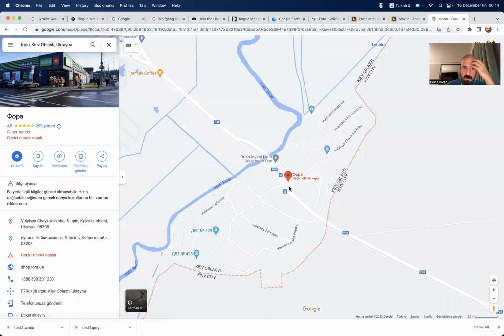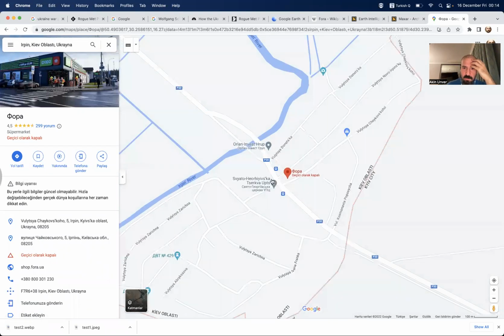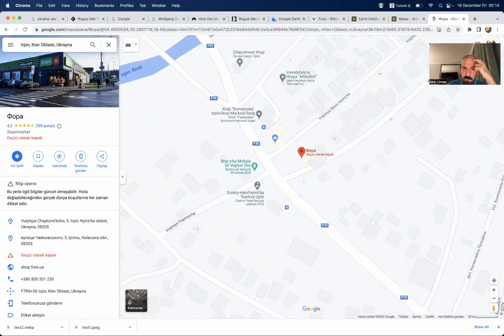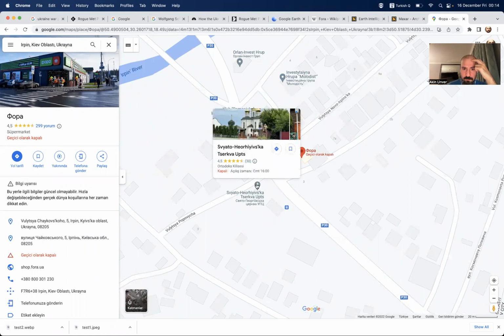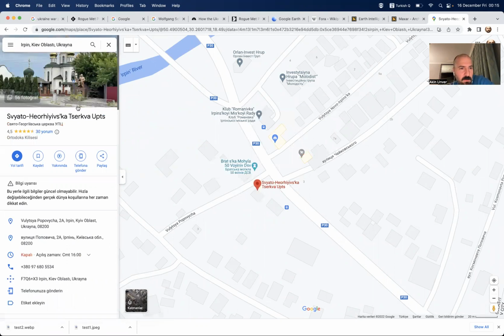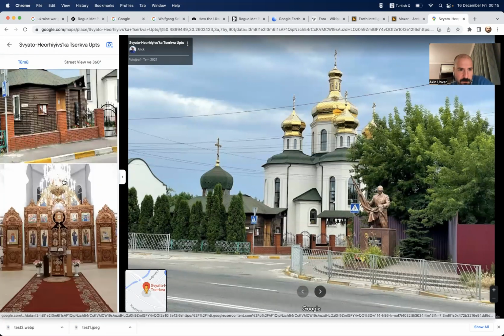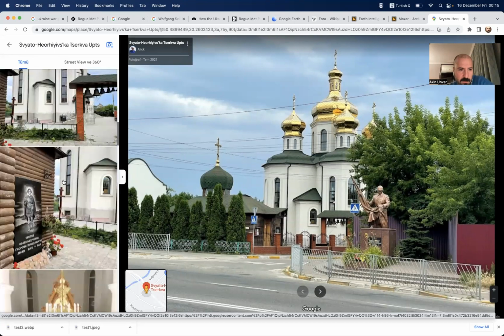So just across the street, I'm seeing a church. Sviato, whatever. So I'm looking at this. There's a church here. It's probably Martyr's Church or something like that.